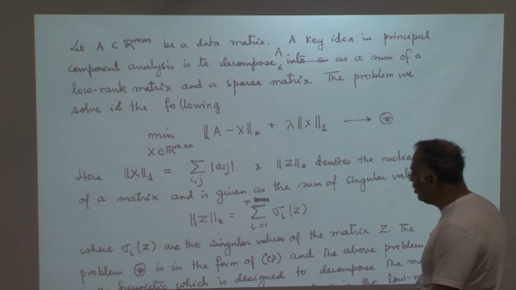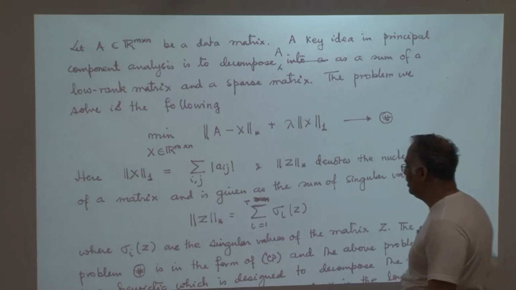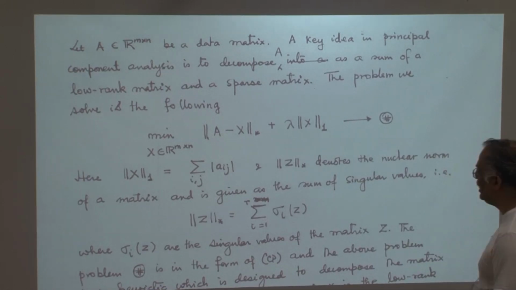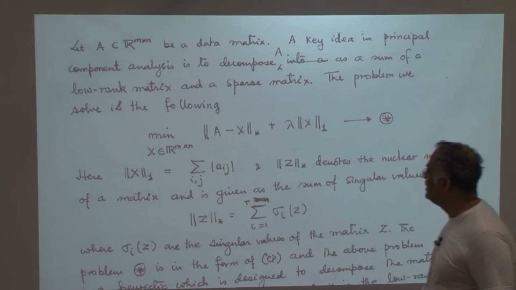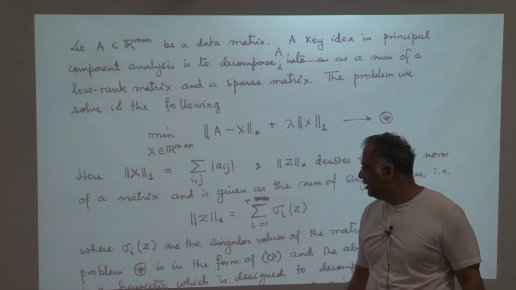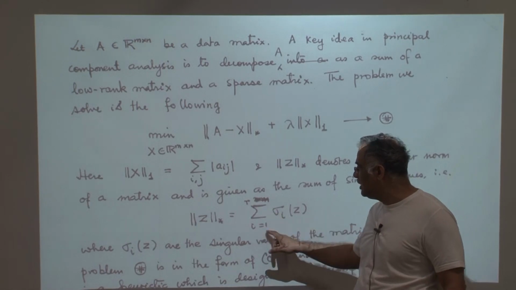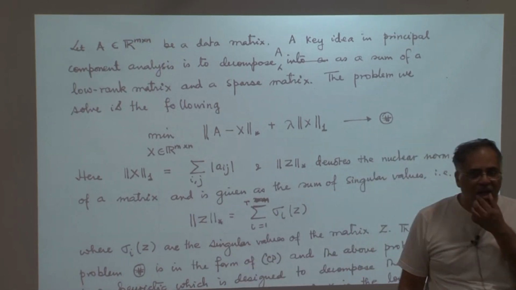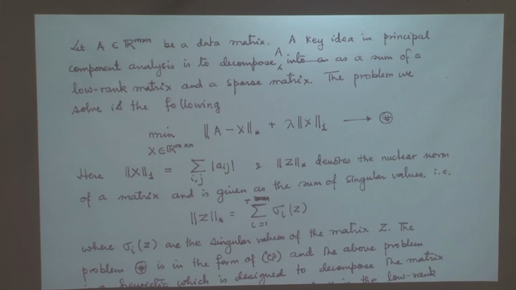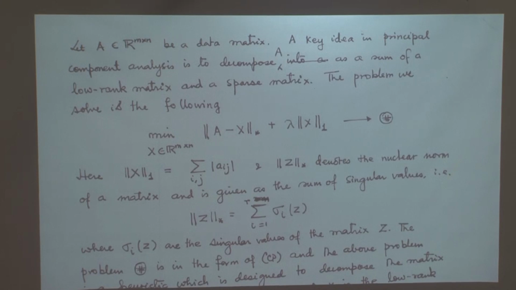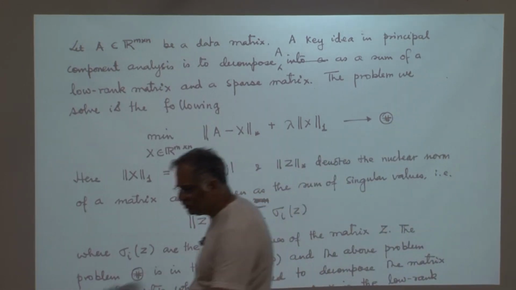So, this nuclear norm is the sum of the singular values of the matrix Z. I assume that you know what is singular value decomposition. If you do not know, just forget it, take it as an example. Okay.